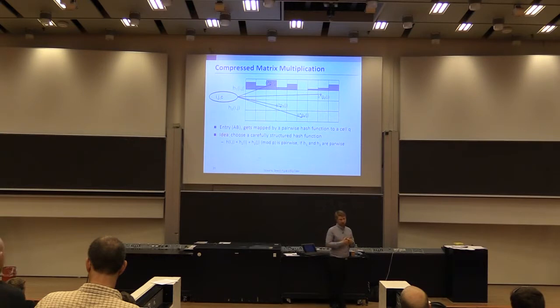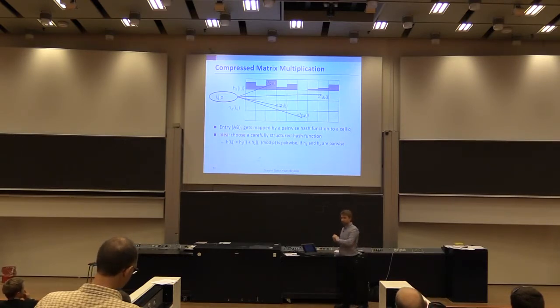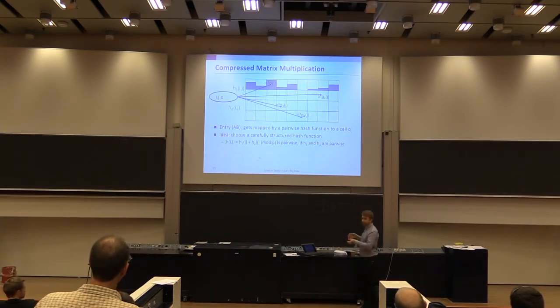Roughly similar to the tabulation hashing argument, this is pairwise independent. Two pairs ij and i prime j prime must differ on at least one coordinate, and based on the hash value of that one coordinate where they differ, we'll argue that they're pairwise independent.